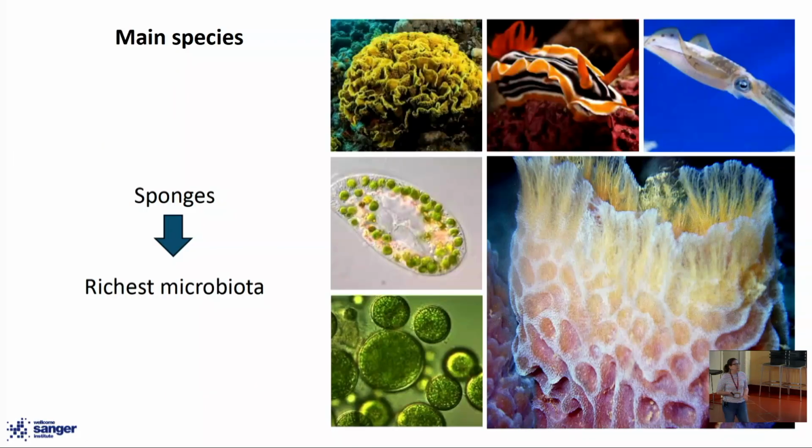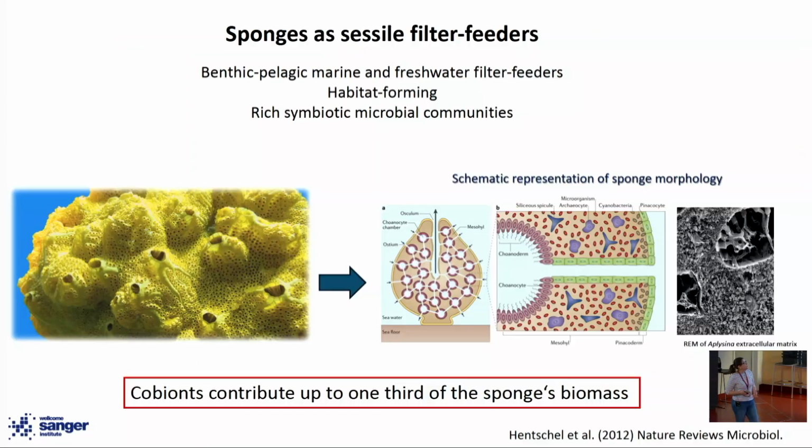So in ASG, we work with many aquatic species. We have marine species, we have freshwater species, but the sponges are the ones with the richest microbiota that we have. So this is where most of our metagenomes come from. And possibly this happens because of the nature of sponges, because they are natural filter feeders.